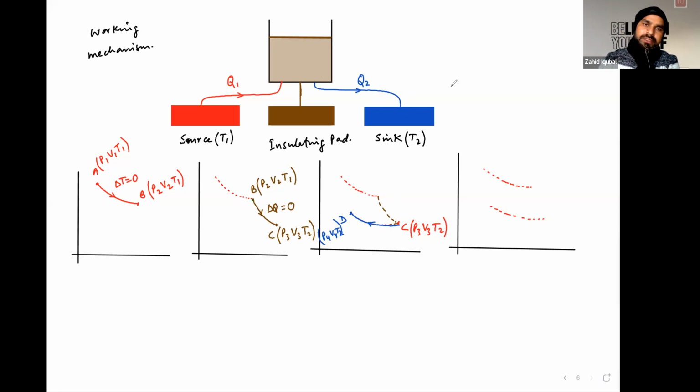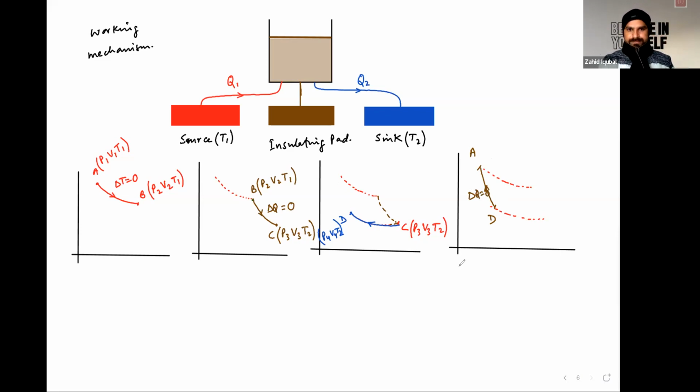Further next, when it has reached this insulating pad again, there will be adiabatic compression from D to A. So at point D, we had P4, V4, T2. Now to move to point A, that is P1, V1 and T1, the process is adiabatic compression to reach its initial stage.